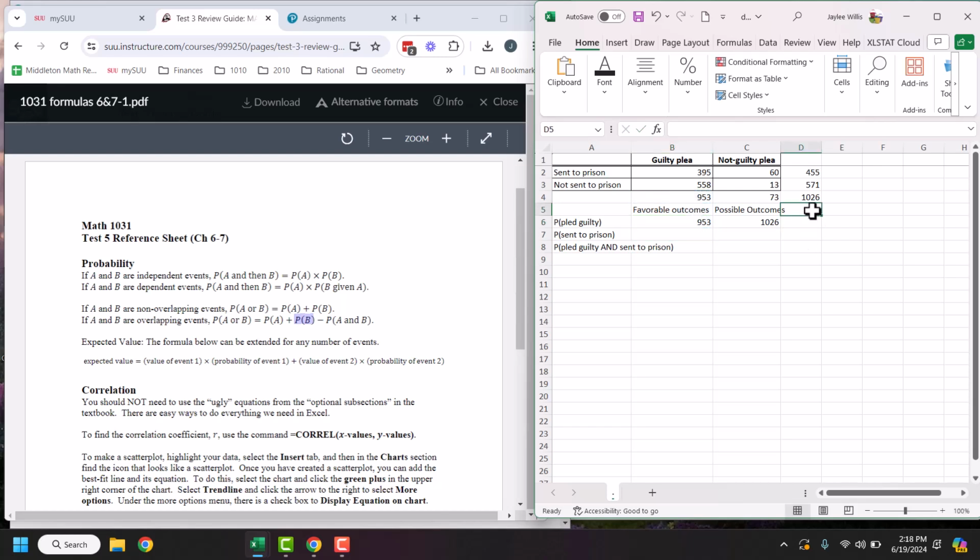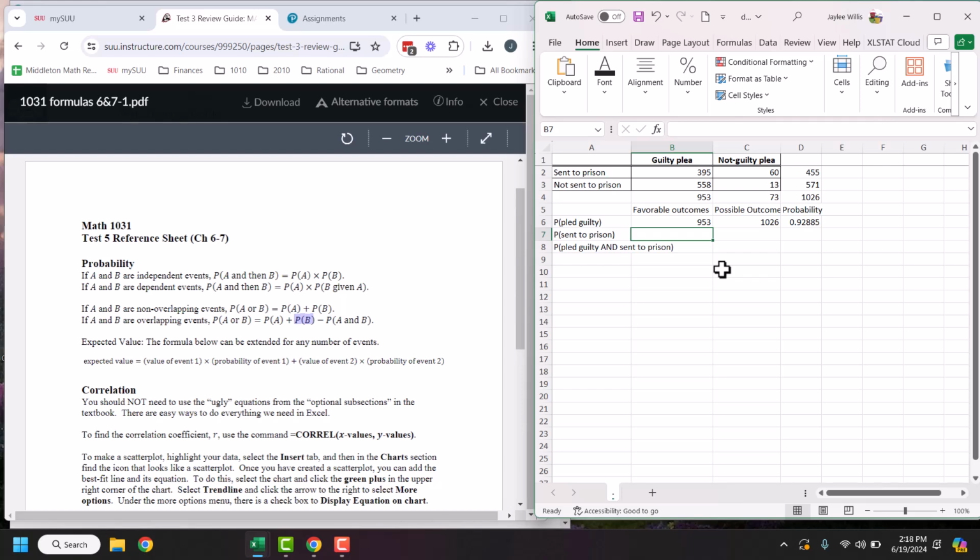So to find the probability, which maybe I'll make a new column for this, I would just take this 953 divided by this. And you don't have to write out these two columns if you don't want to. You could just select these two cells and that's fine. But that's the probability that you randomly choose someone who pled guilty.